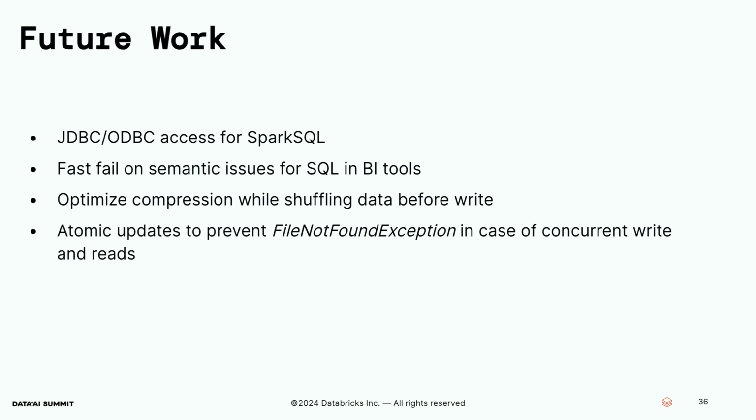And lastly, when we migrated from Hive to Spark, we saw some of the downstream workflows failing with file not found exception, specifically in cases where writes and reads happen concurrently. This is because when Hive overwrites a partition or table, it uses the same file name convention.